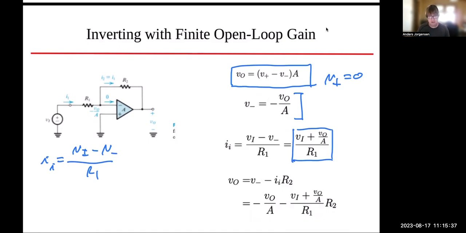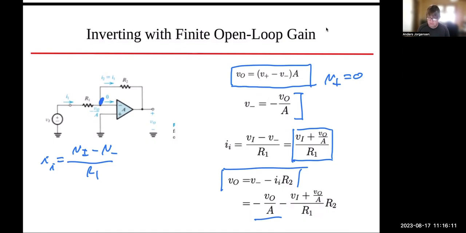Then I can compute the output voltage, and I'm proceeding the same way as I did before. I can compute the output voltage, which is the voltage on the left-hand side of resistor R2 minus I2 times R2. That's what I have here, okay? And I plug in what I know, V minus is equal to minus VO over A, and I have I1 from right above, and then multiplied by R2.